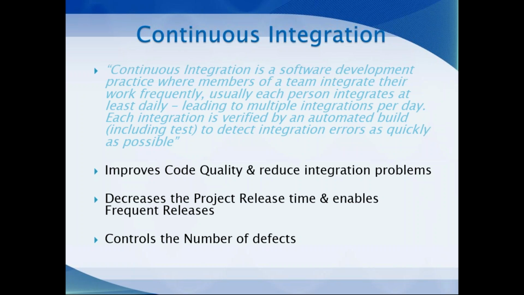If you have 1,000 developers, and they are working on 1,000 different features, building everything manually is not practically possible. That is why we use continuous integration tools. Okay, and it decreases the project release time and enables frequent releases.